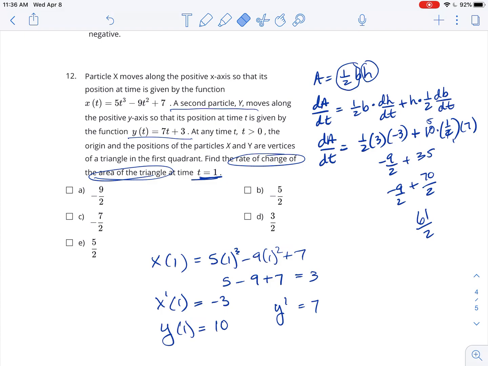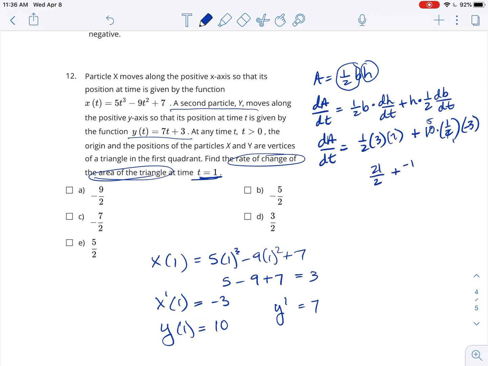So let's see what I did wrong. 1/2 times rate plus h times, so 1/2 times 3 times the rate of change. Oh, I see what I did wrong. Sorry, guys. That should have been 7. It's dh/dt. I put my numbers backwards. And that should be -3.